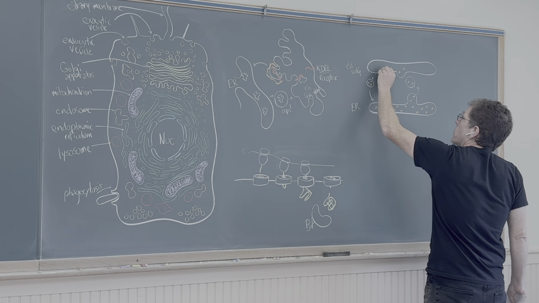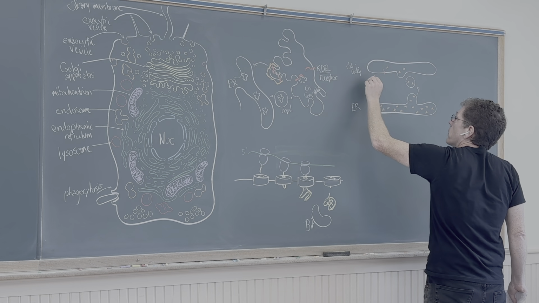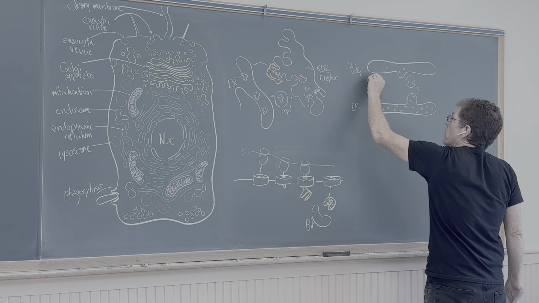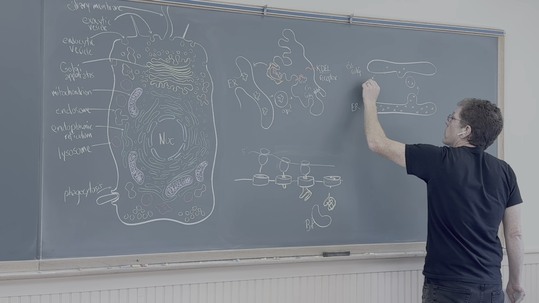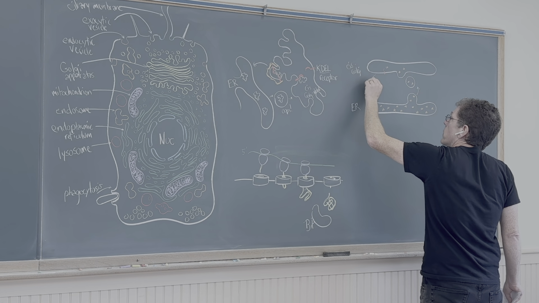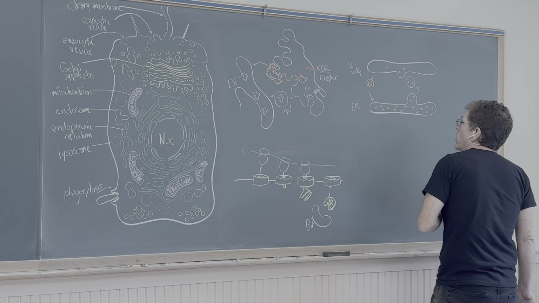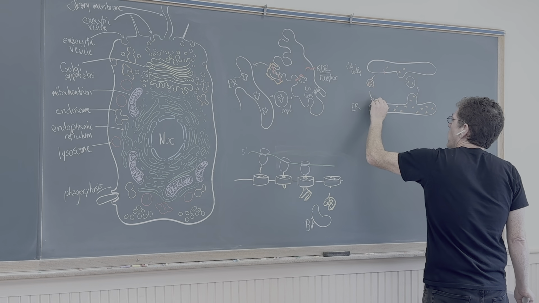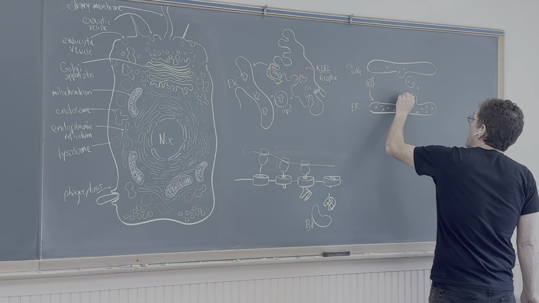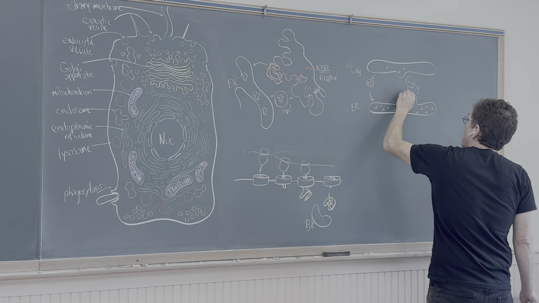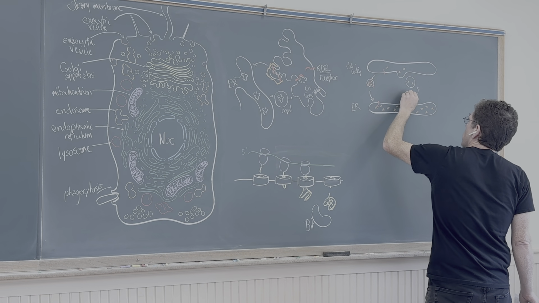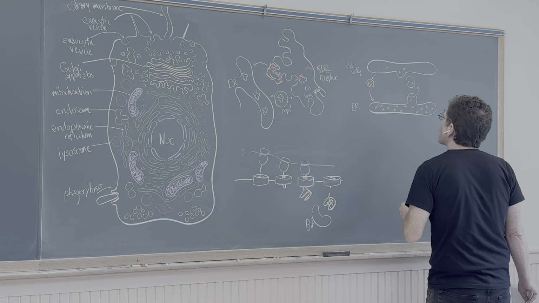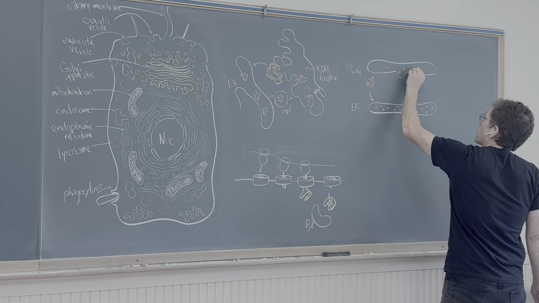If the KDEL receptor is sitting in the Golgi waiting to gather up these proteins to be retrieved and bring them back, then the KDEL receptor must surely spend some time here in the ER. It must surely itself be getting shipped out to the Golgi, in fact. There's got to be plenty of it in there.